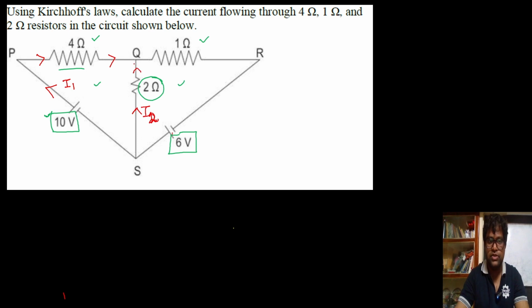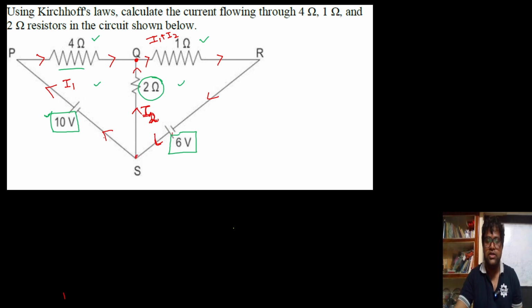Now you see I2 and I1 are meeting at point Q, so the output current here will be I1 plus I2. So the current I1 plus I2 will flow here, it will come here, and the same current will be here, I1 plus I2. And you can see that this is I2 and this is I1. So I1 plus I2 outgoing, I1 plus I2 incoming.